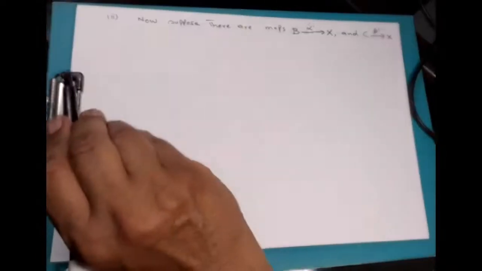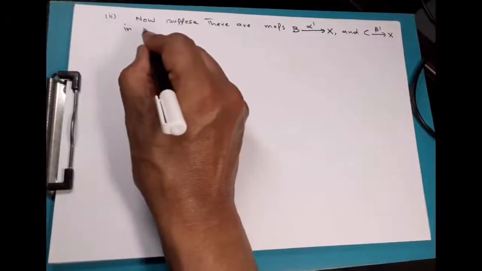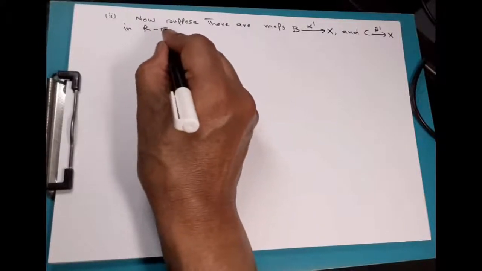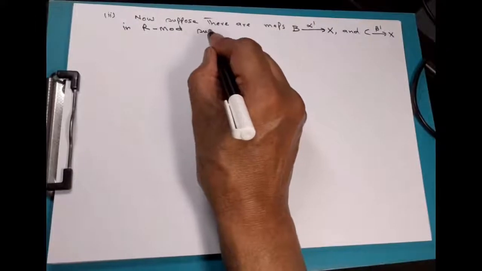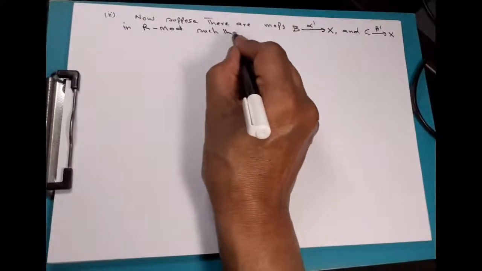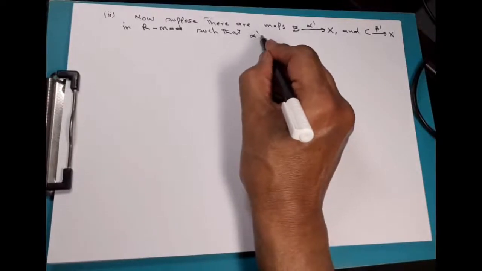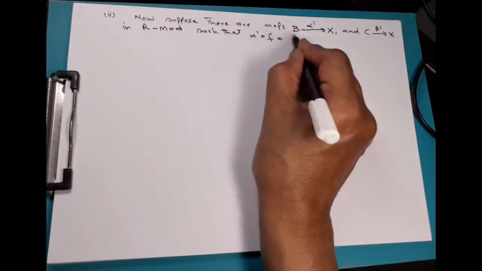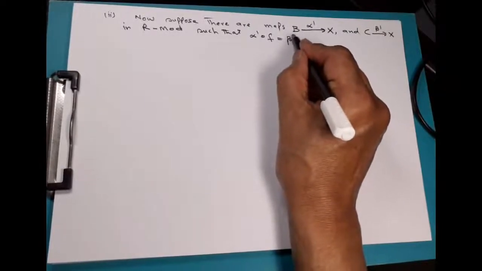Suppose there are maps in the category of left R modules such that alpha dash composed with F is equal to beta dash composed with G.